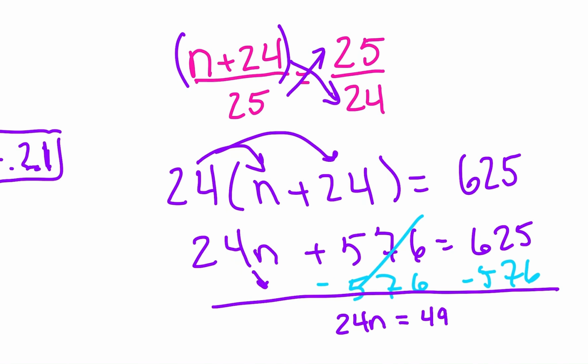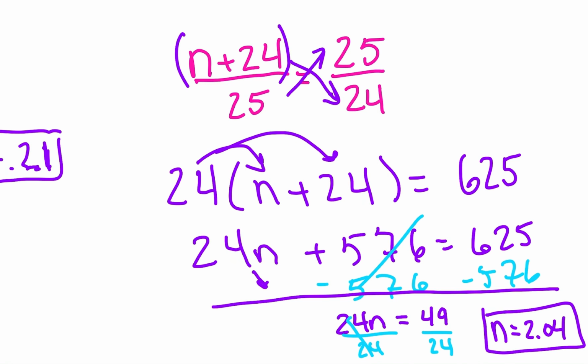Okay, and then we're going to have to take that and divide it on both sides. So divide by 24, divide by 24. This cancels, and we end up getting n equals... that's going to be a weird number. Let's see, 49 divided by 24, 2.04. And that will be our solution.